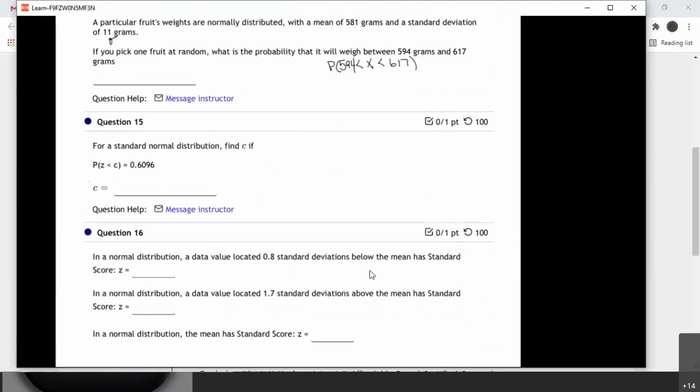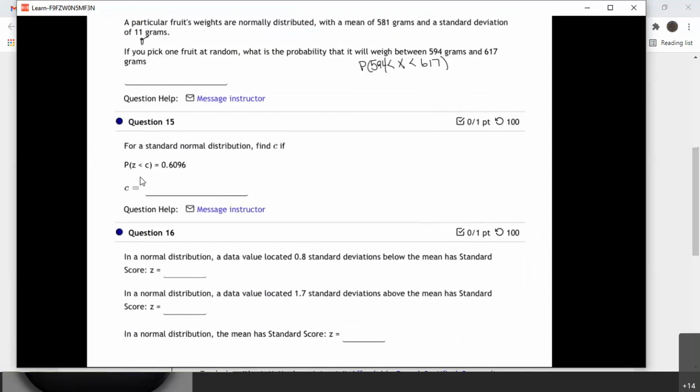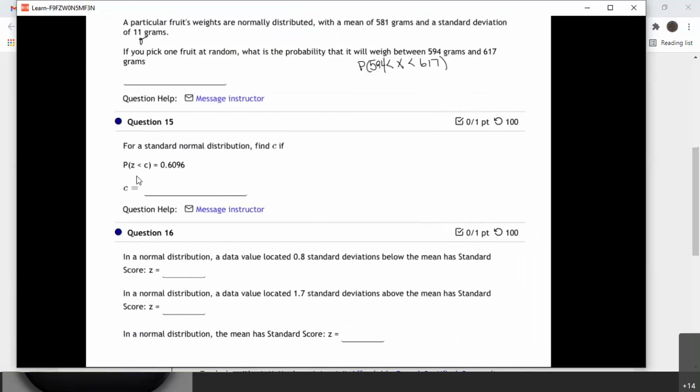Let's look at number 15. It says for the standard normal distribution, find C if the probability that Z is less than C is 0.6096. Now here they're giving you a probability, 0.6096, asking for a Z-score.